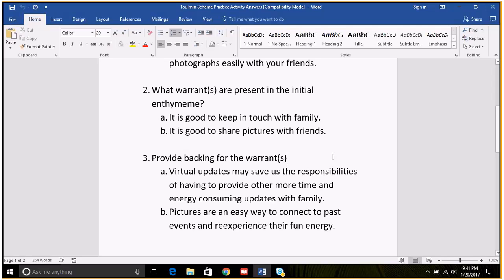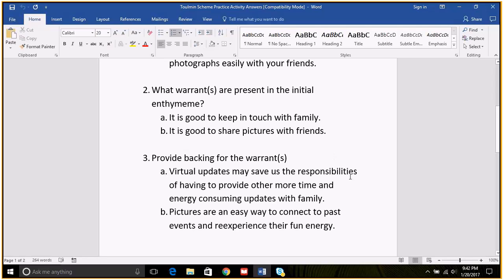If you doubt that your warrant will be a shared assumption, that's where you quickly push pause on your argument. Before you move on to proving your thesis, you have to very quickly back up your warrant. That's you justifying the value judgment you have in your stated reason.